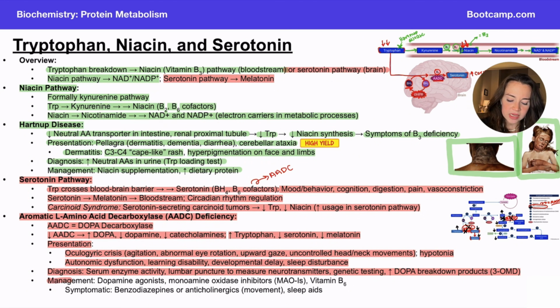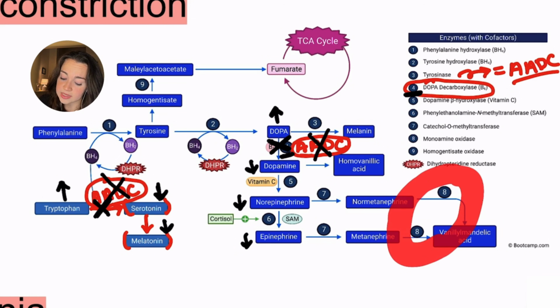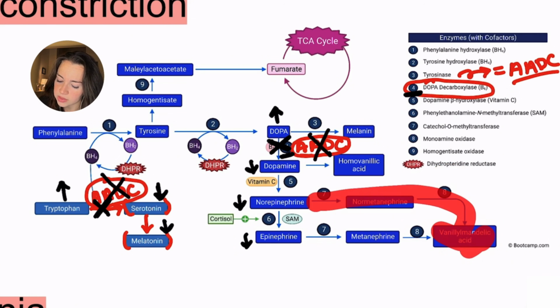A couple of different management options that can all work in tandem here. One is dopamine agonists. Since we have a deficiency in the dopamine itself, we can activate the dopamine receptors to have a similar effect. You can also use monoamine oxidase inhibitors or MAO inhibitors. We talked about these in the last video, but remember monoamine oxidase here is one of the enzymes that breaks down catecholamines.